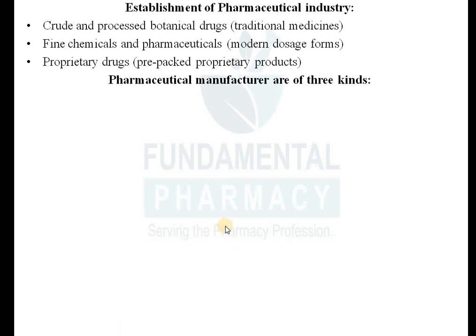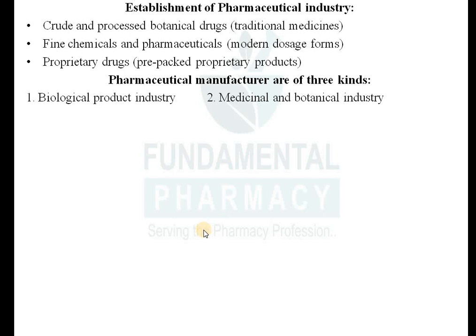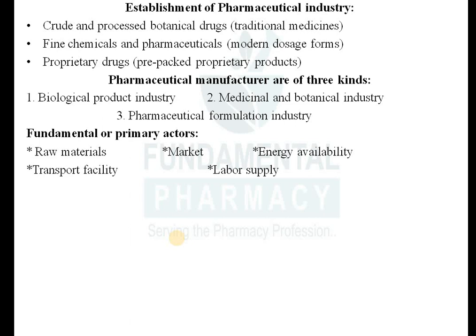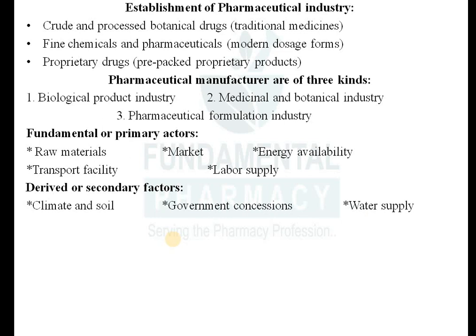Then again pharmaceutical manufacturing may be of 3 types. We have seen the biological product industry, or the medicinal and botanical industry. Then the pharmaceutical formulation industry. Then we have seen the fundamental or primary factors that affect the establishment of industry. Those are nothing but the raw material, market, energy availability, transport facility, labor supply. Then derived or secondary factors, these are nothing but the climate and soil.